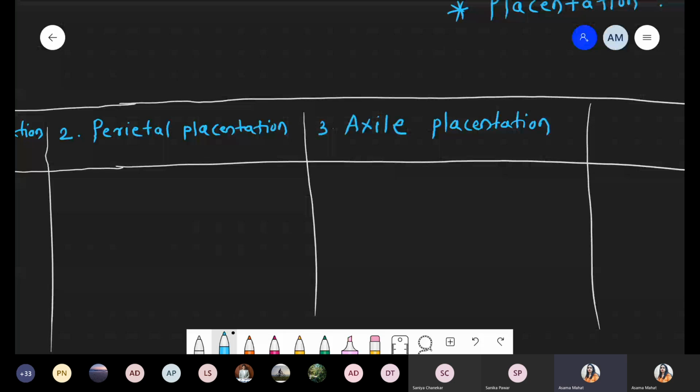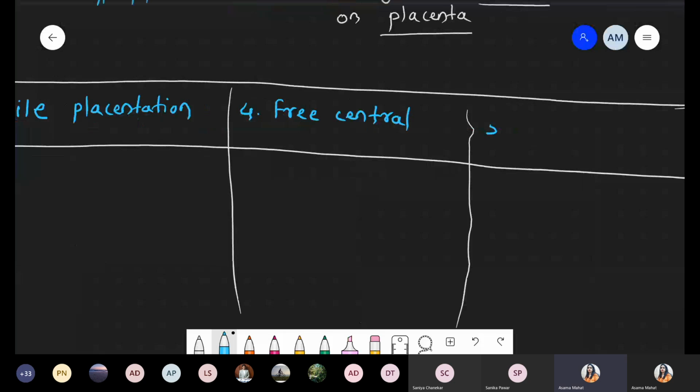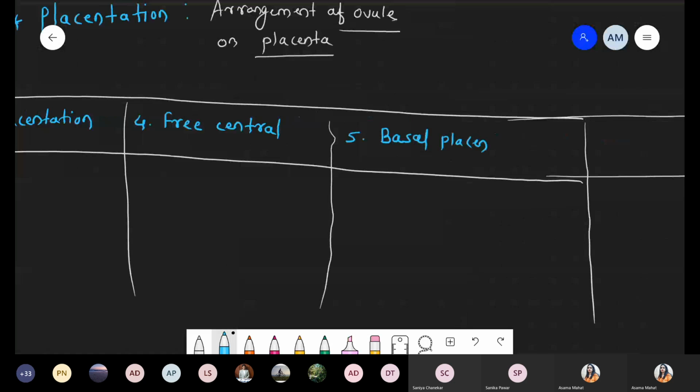The 4th one is free central placentation. Second last is basal placentation.